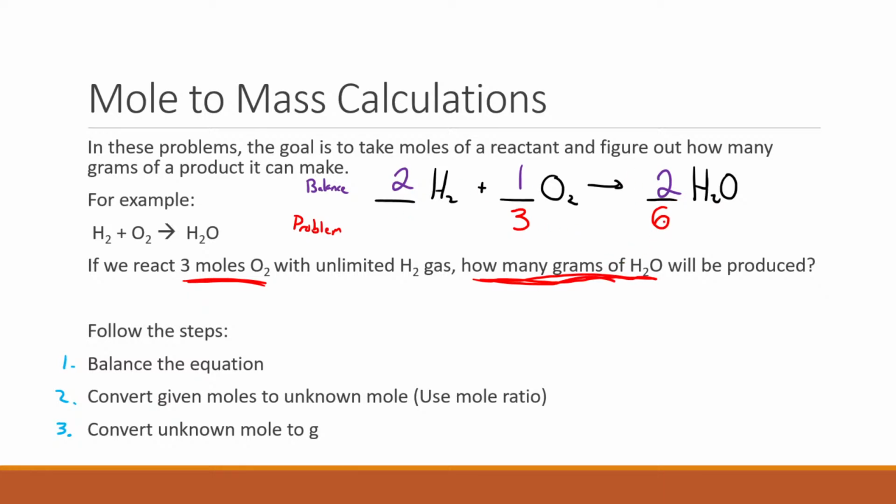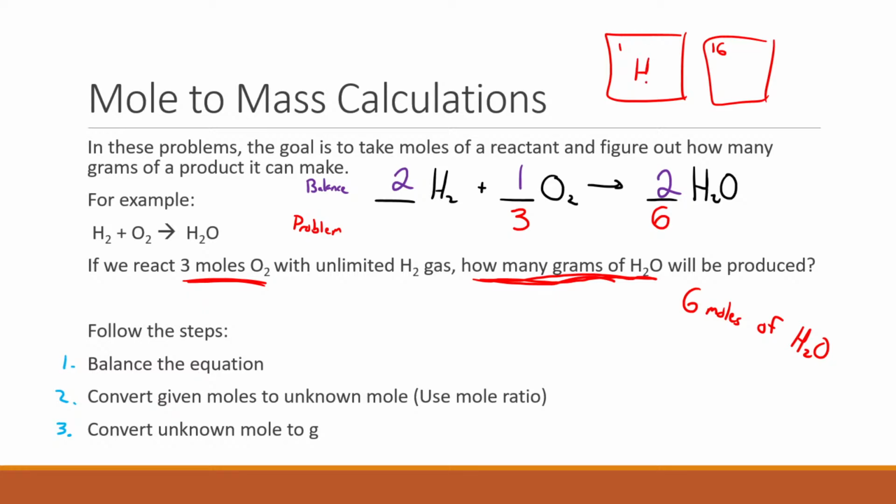But we can take 6 moles of water and convert it to grams of water. We know how to do that. If we look at the reference table, we can pull up how much 1 mole of H and 1 mole of O weighs.